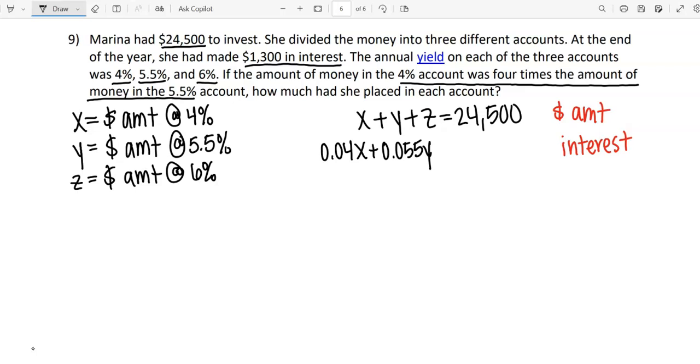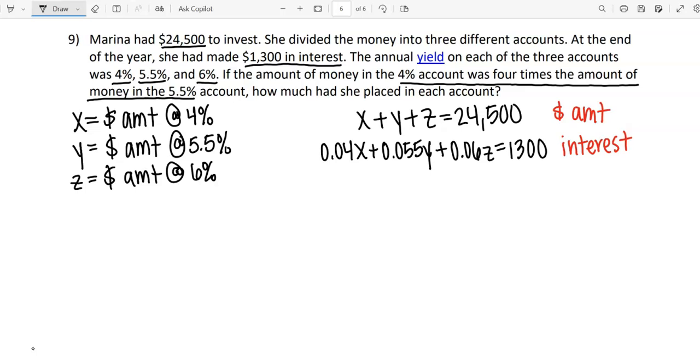Remember, you move the decimal place twice to the left. Plus, what's the decimal in front of Z? 0.06Z. That's the interest in the first account, the second account, and the third account. How much should that add up to be? 1,300. That's how much interest she earned.